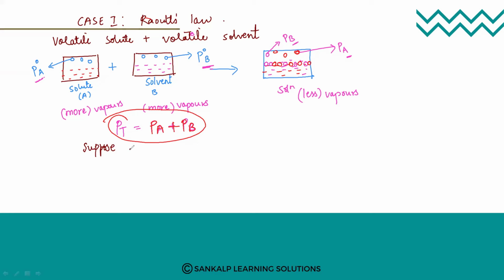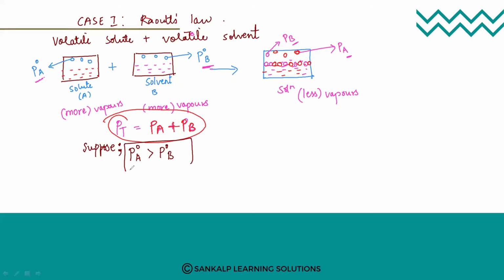Now I want to take a condition wherein P naught A is greater than P naught B. So I'm supposing it. Okay, I'm just taking an example. Suppose you can take either of these. You can take P naught B greater than P naught A. Okay, you can take any one condition. I'm taking this condition. Suppose P naught A is greater than P naught B.